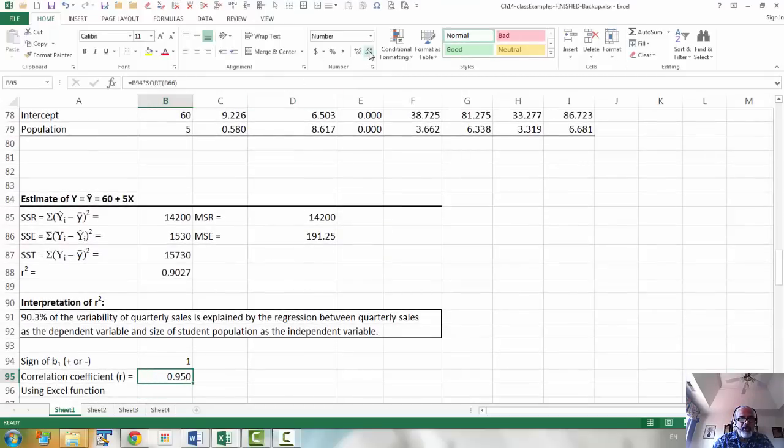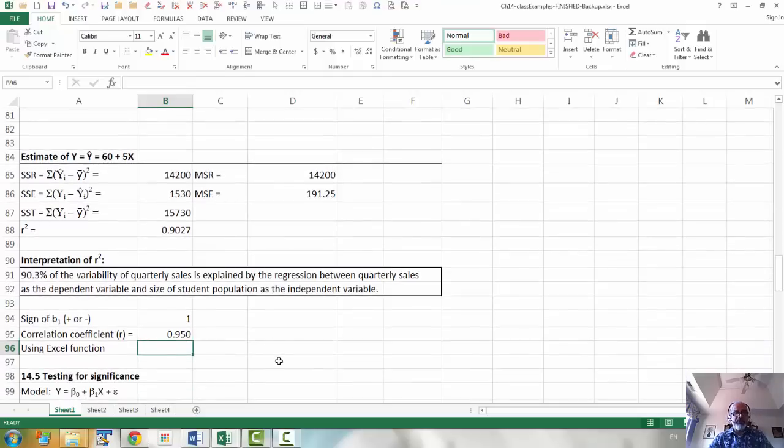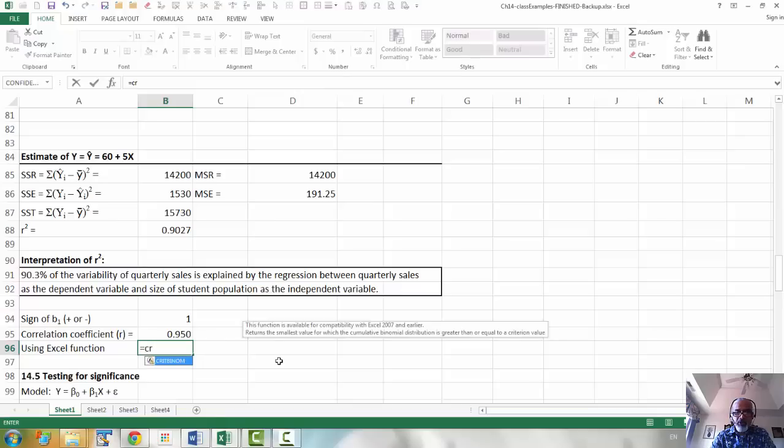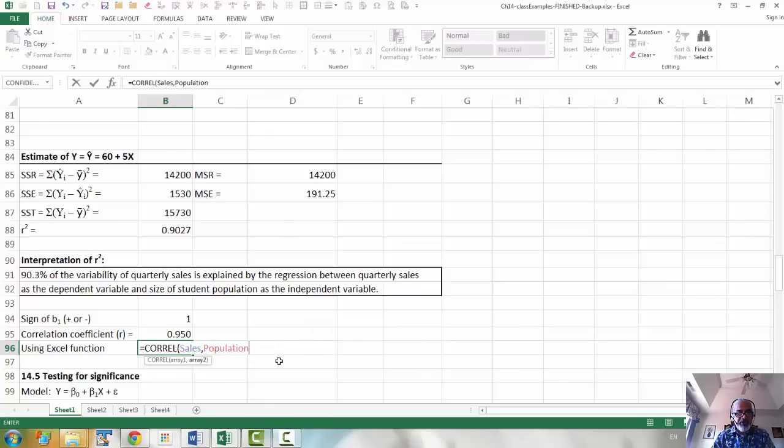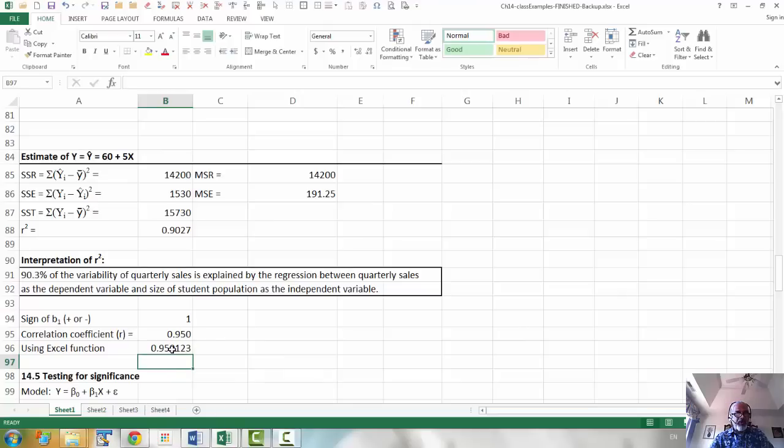So this is our correlation. And Excel has a function that can generate correlation as well, and that function is CORREL. And now you give the Y range and the X range. Y range is sales, X range is population. Now that will give us the same answer like what we got just now.